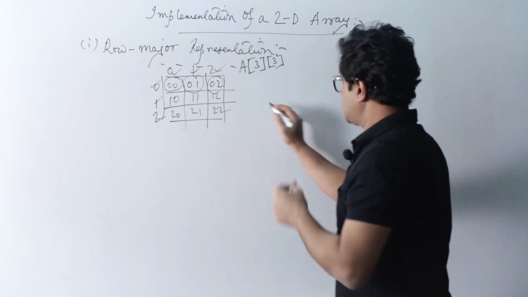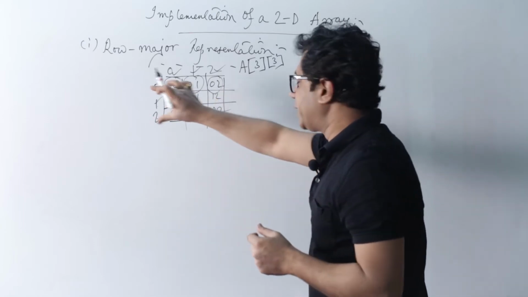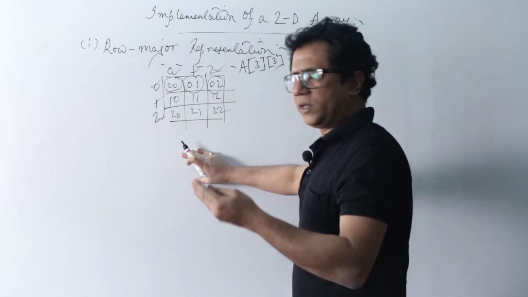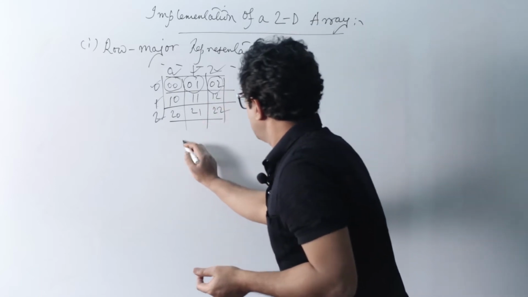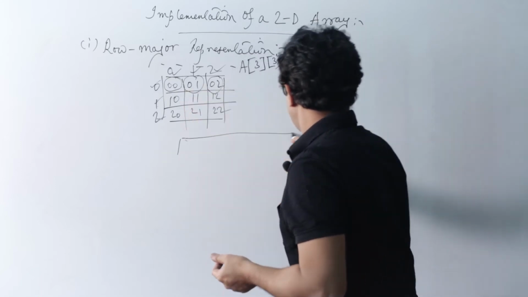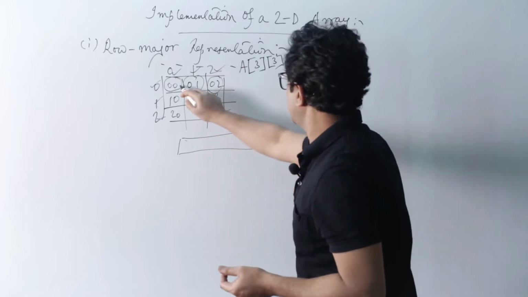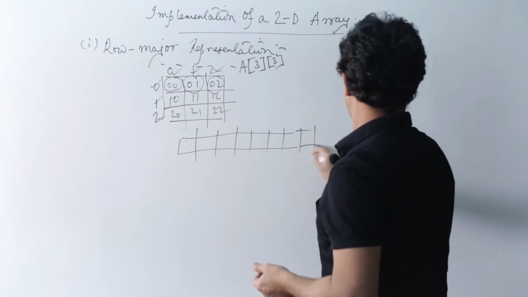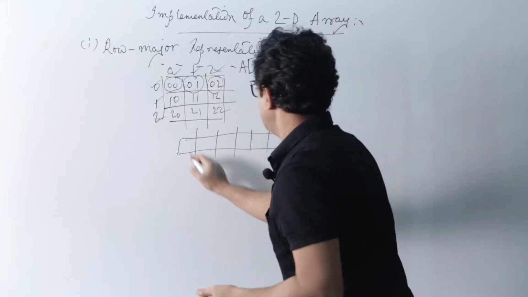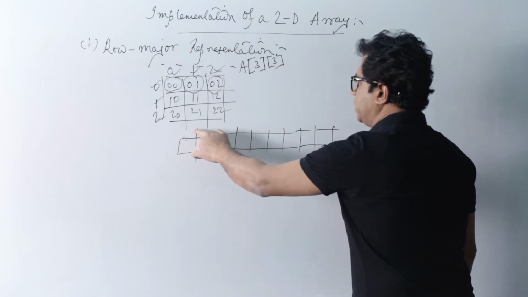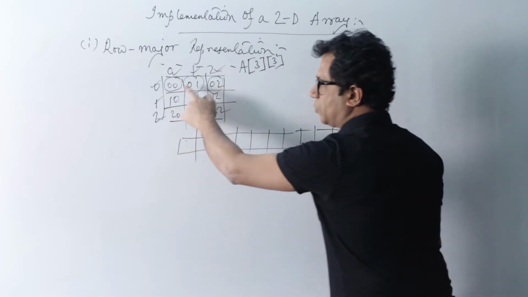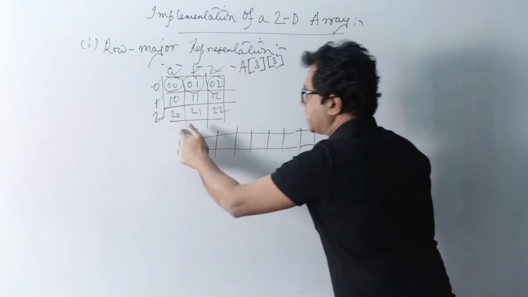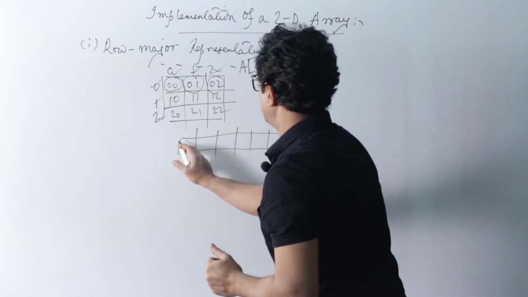That is, if we store these elements in a one-dimensional array in the physical memory, not in the logical sense, there will be 9 elements: 1, 2, 3, 4, 5, 6, 7, 8 and 9. So it will be stored in a linear representation, not in this tabular form. And what will be given priority? Row will be given priority. So that's why our numbering will be like this.